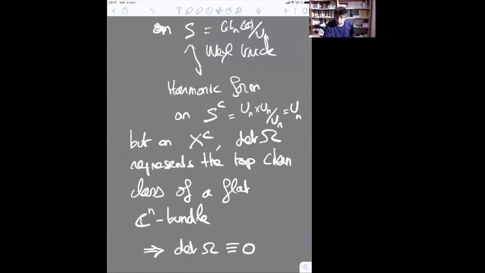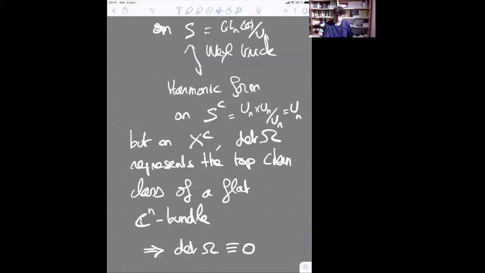The important thing is that now the invariant form, because we are on a compact space, is a harmonic form. And so if the harmonic form was not 0, then the Chern class was not 0, contradicting the fact that the bundle is flat.